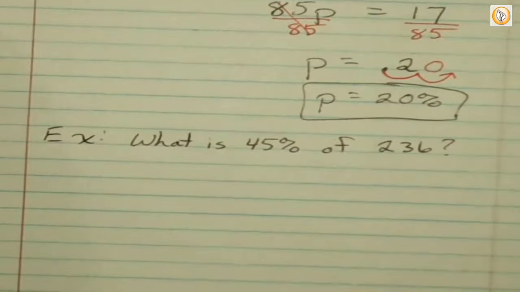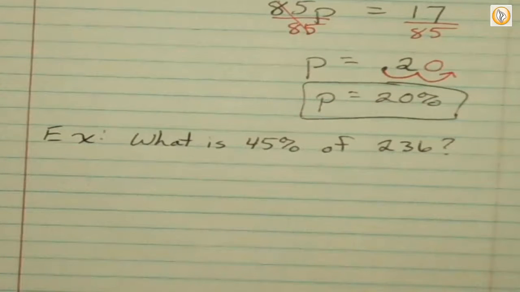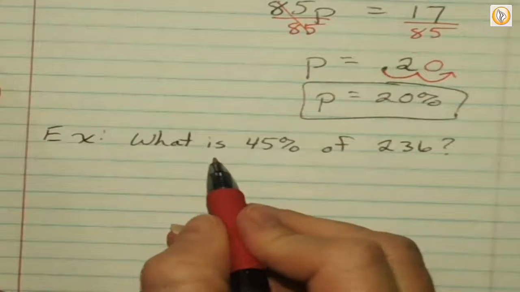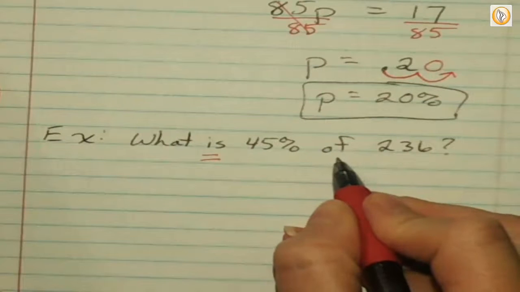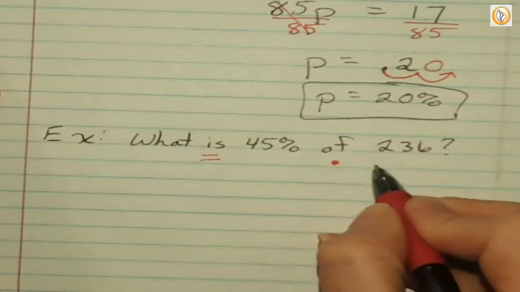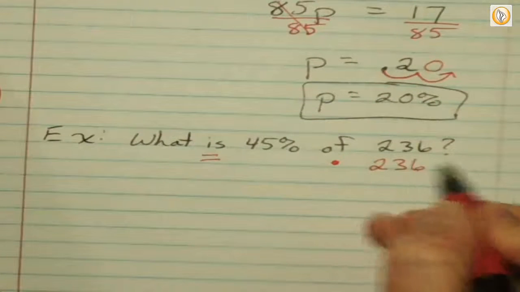This time, they gave us the percent. They didn't ask us what the percent was. This time, they gave it to us. So, Miranda, what is "is"? What is "of"? Yep. I bring down my 236.